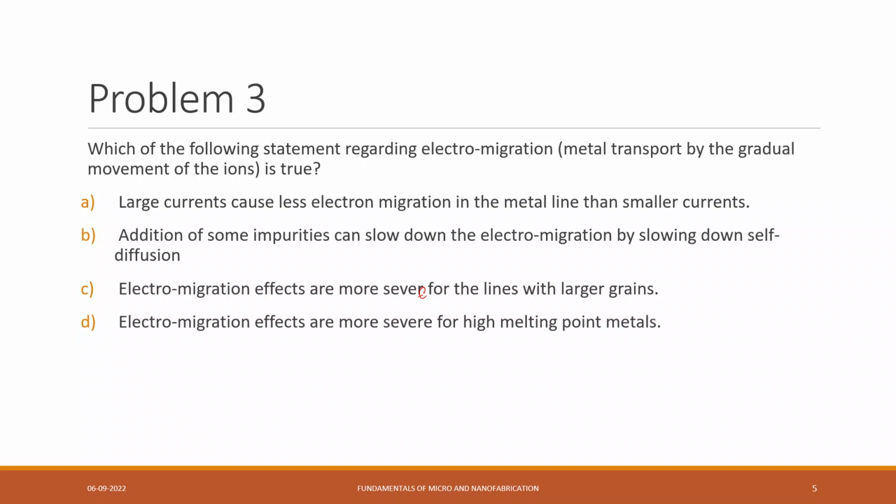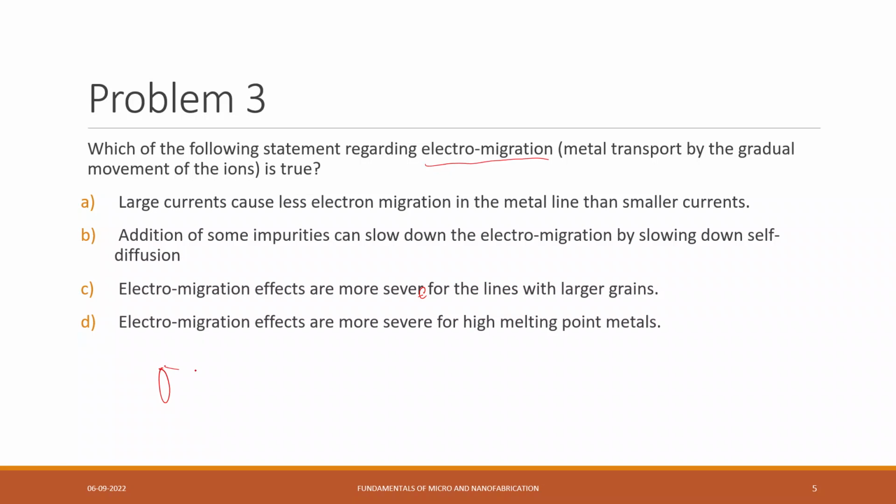Let's discuss the answers then. We have to see under which condition we see the effects of electromigration here. The first option is large currents cause less electromigration in the metal line than smaller currents. This is one of the fundamental options.